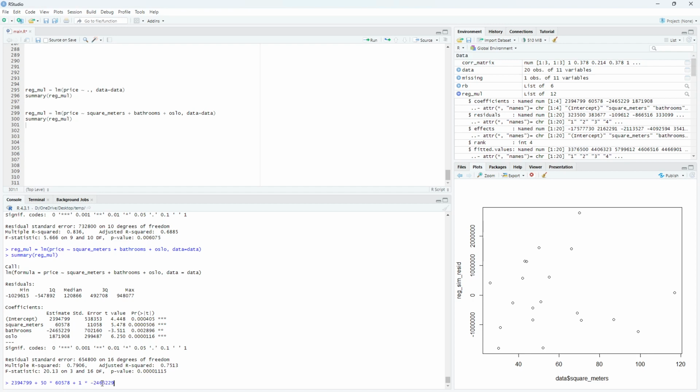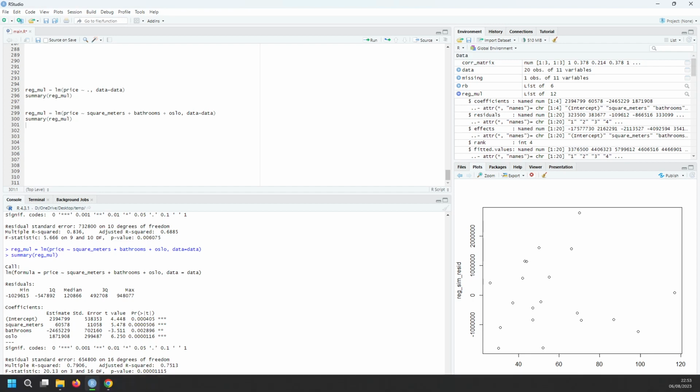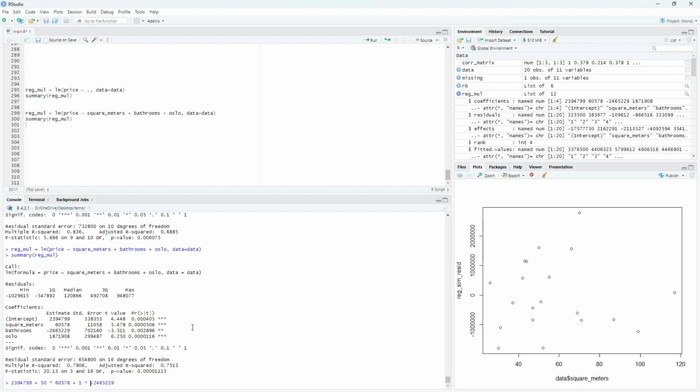So maybe this is a result of multicollinearity or a lack of data points, and 0 times the Oslo value here, because our apartment is in Trondheim and not Oslo. If it had been in Oslo, then this would be 1.